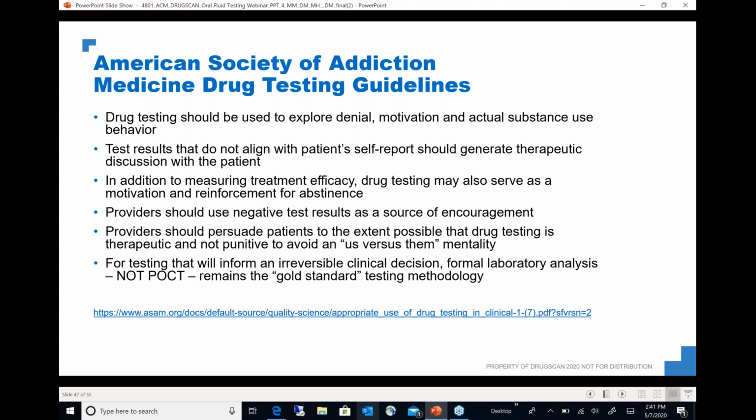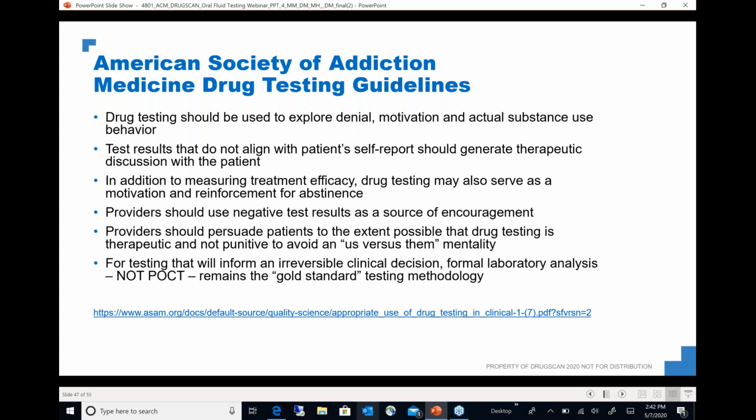And another very important piece of information that I'd like to share, and I will share more and more with all the individuals that I speak to: testing that will inform a provider of an irreversible clinical decision should never be based on point of care testing or screening presumptive positive results alone.